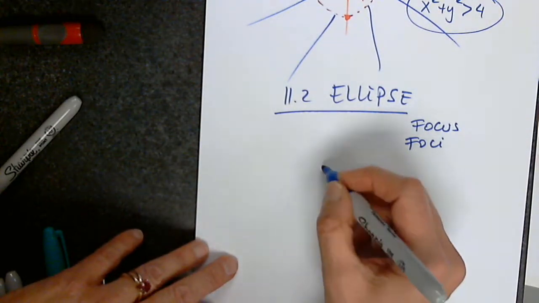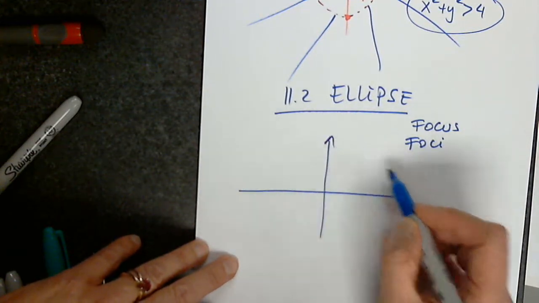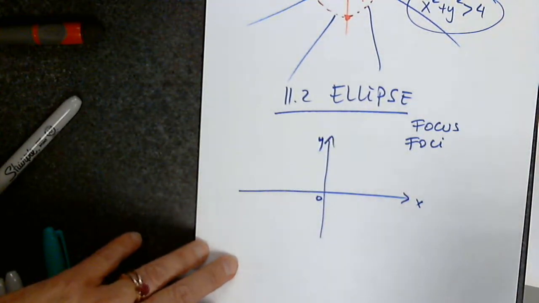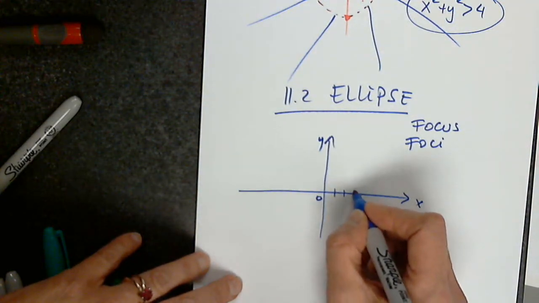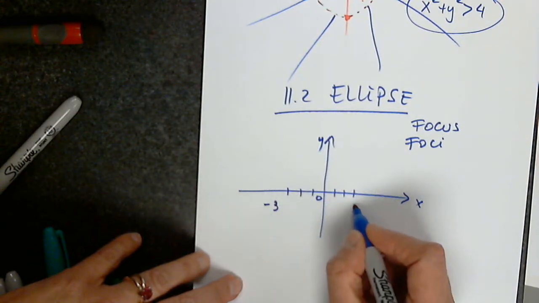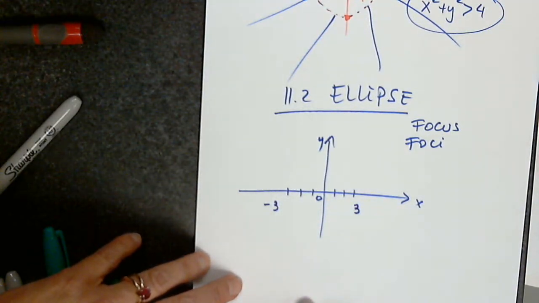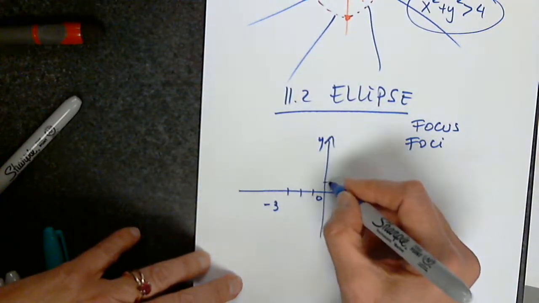Foci. So here is an ellipse. Let's say it has the major axis starting at -3 and 3, so the length is 6. And let's say it's centered at the origin.